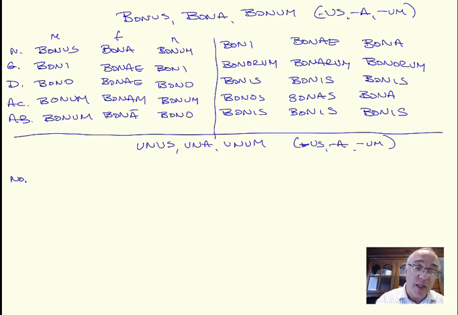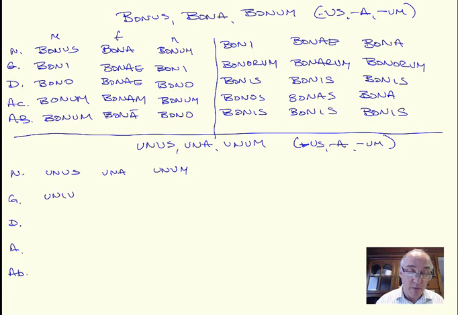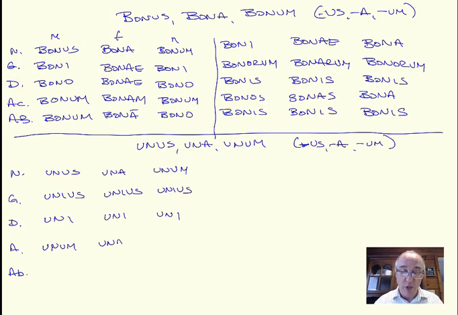Nominative, genitive, dative, accusative, ablative. Unus, una, unum, great. Unius, unius, unius, that's peculiar. Uni, uni, uni. Unum, unam, unum, and uno, una, uno.